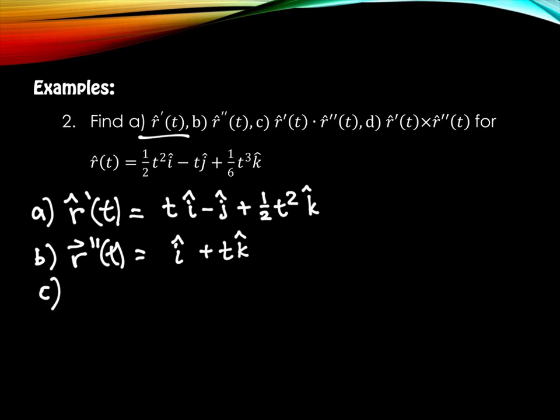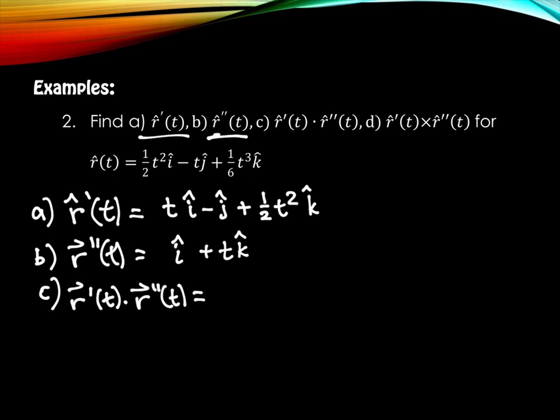All right, C. So on C, it wants us to take the dot product of the last two things that we found. So we have r prime of t dot r double prime of t. And so we're going to multiply component-wise what's in front of the i's, the j's, the k's.